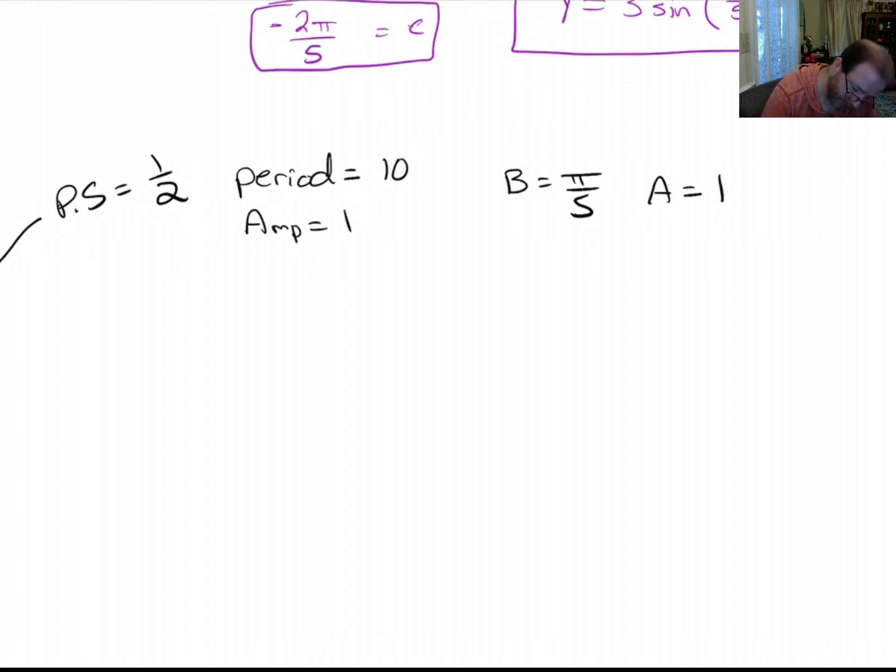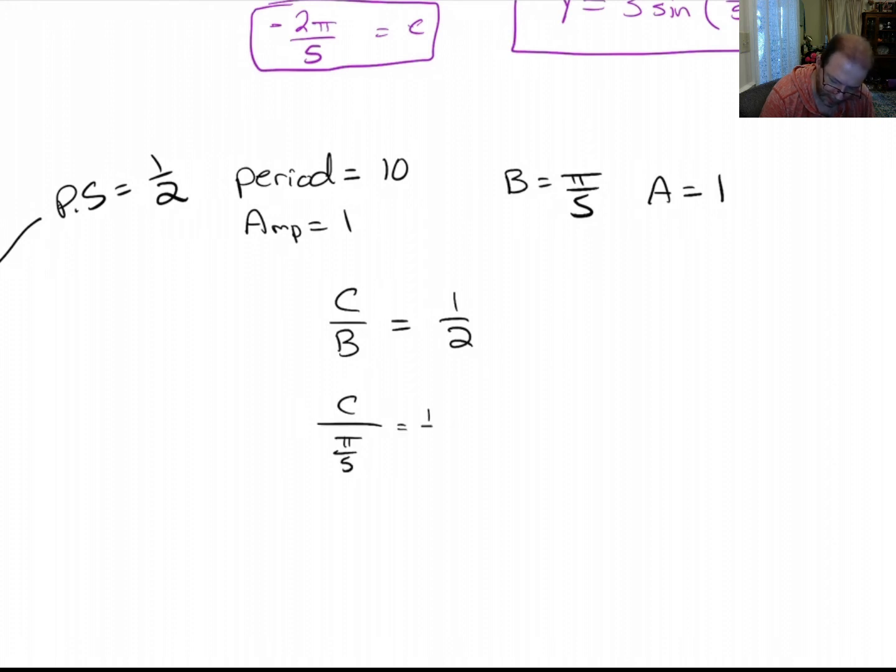So let's see, c over b is, that's the phase shift, so it's 1/2. I'm going to replace this b with pi/5. So 2c equals pi/5. So c is pi/10. Pi/10.